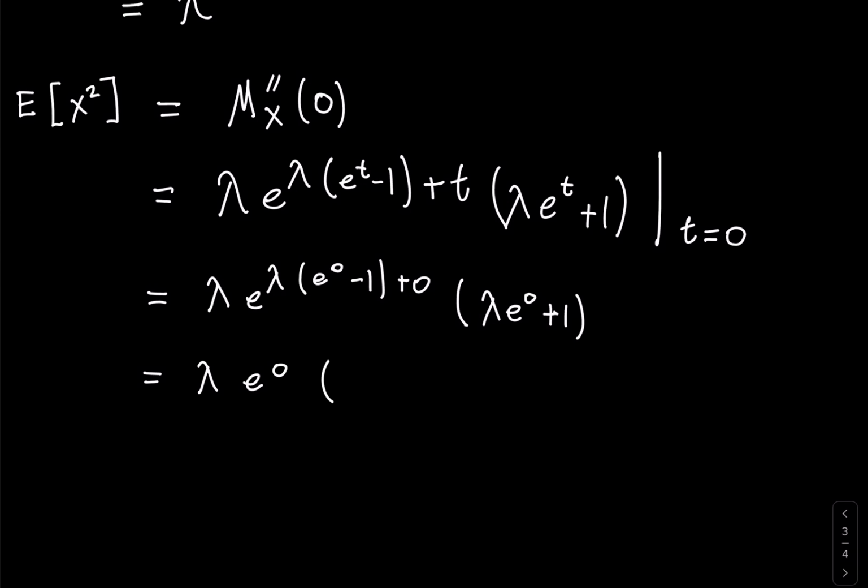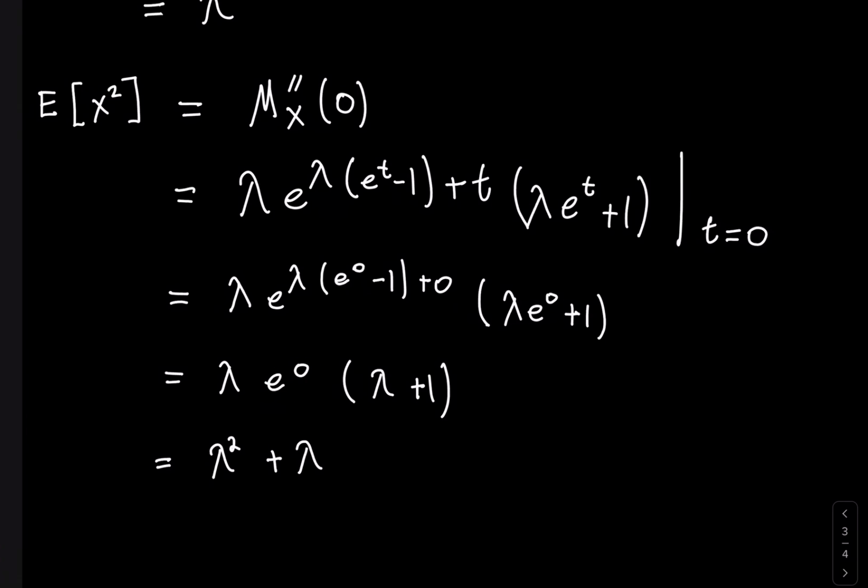Then multiplied by lambda, because e to the 0 again is just 1, and then we've got plus 1. If we expand this a little further, that becomes lambda squared, and that lambda squared comes from the fact that you've got that first multiple, lambda, and then we've got lambda plus 1 at the back, so it just becomes plus lambda. And of course, remember that e to the 0 is just 1, so I've ignored it.